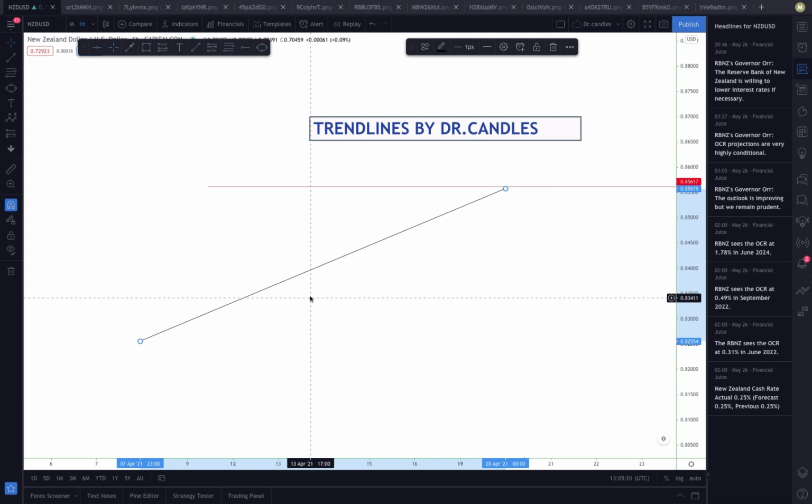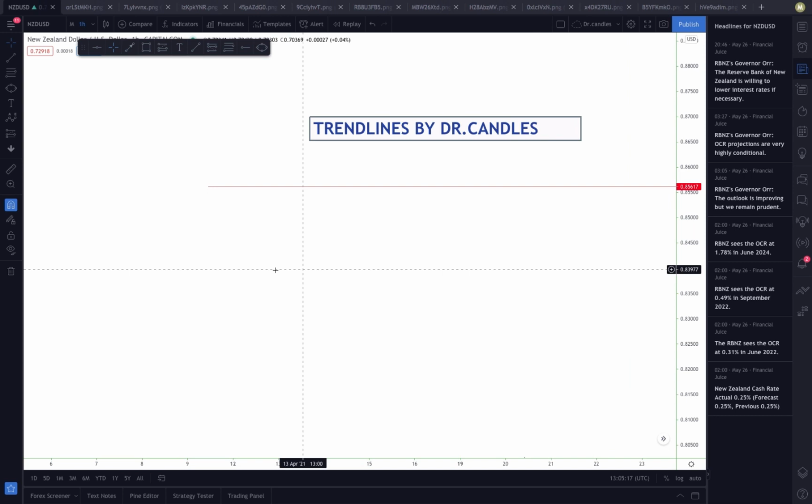So whenever markets create a level that can be joined by a trend line, you can actually trade with that trend line using some few confirmations, which I am going to unravel today. Okay, so let's move on.